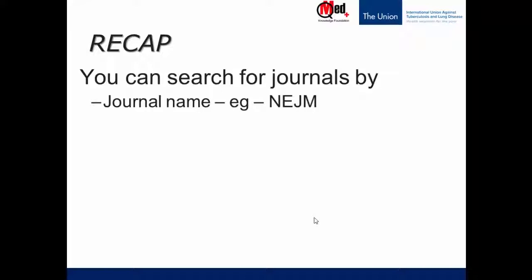For example, you could put in the short form NEJM or New England Journal of Medicine. Interestingly, the correct journal abbreviation for this is N Engl J Med. So that's the correct official abbreviation that one must use when referencing. That you can find by searching this journal by name.